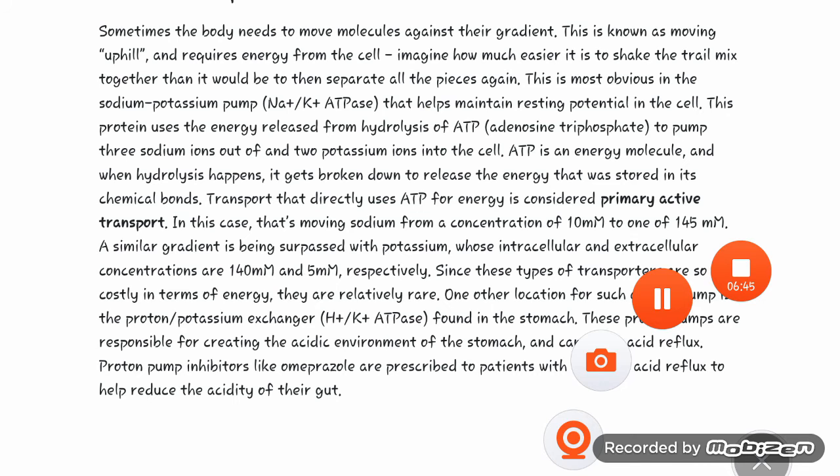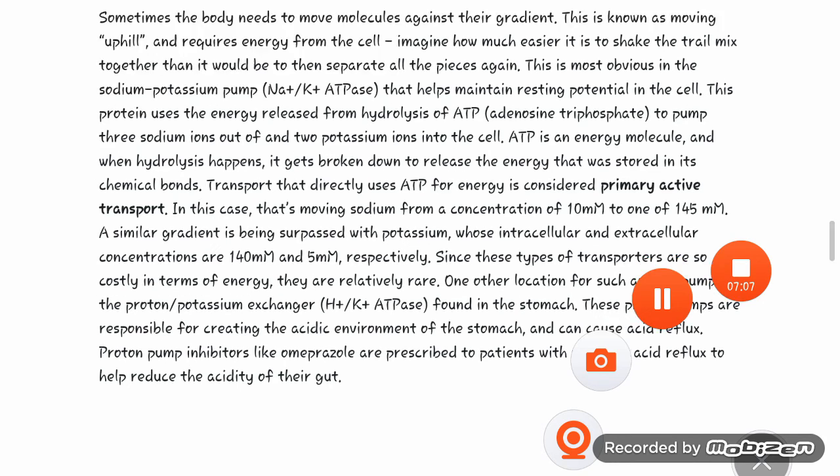In this case, sodium is being moved from a concentration of 10 mM to one of 145 mM. A similar gradient is being surpassed with potassium. The intracellular and extracellular concentrations are 140 mM and 5 mM respectively.